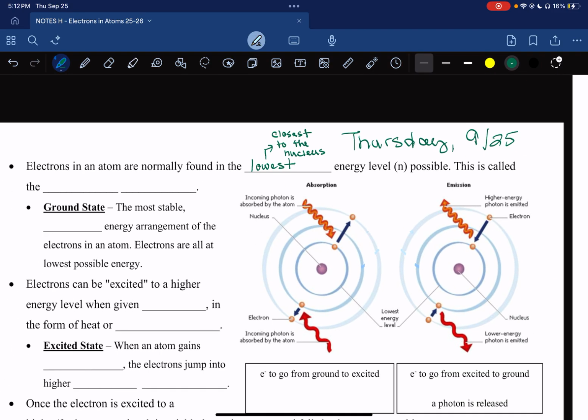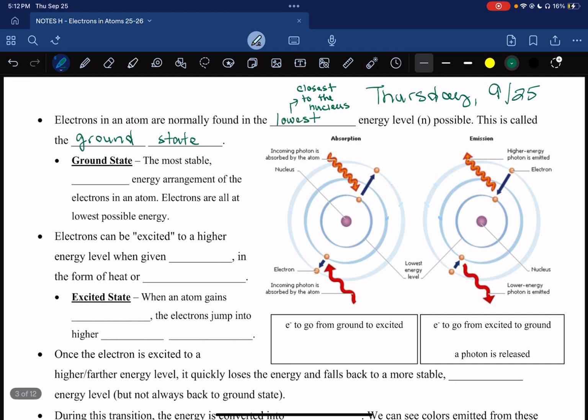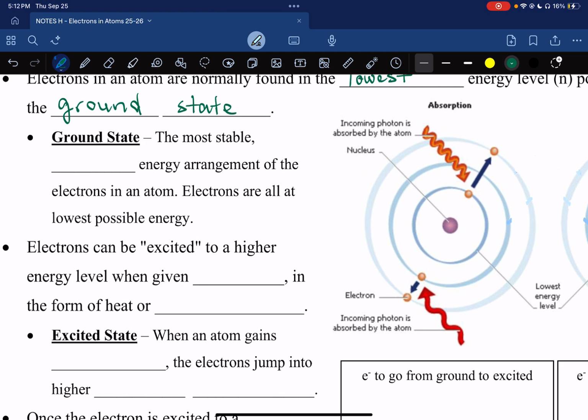This is called the ground state. The ground state is the most stable, lowest energy arrangement of the electrons in an atom.